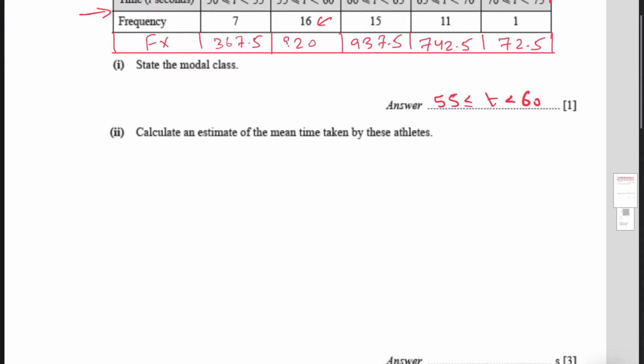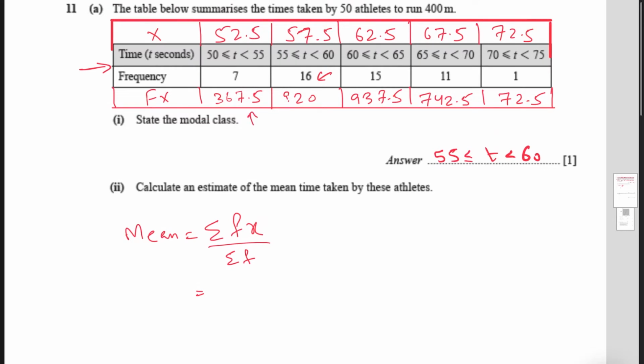Okay, so the formula for the mean is the sum of fx over the sum of f. So let's do the sum of fx first. Let's plug these into the calculator.